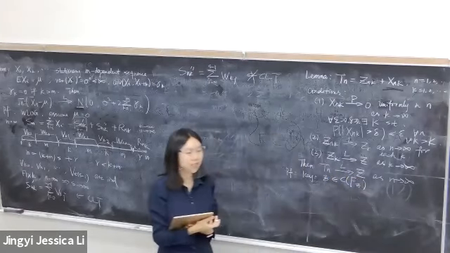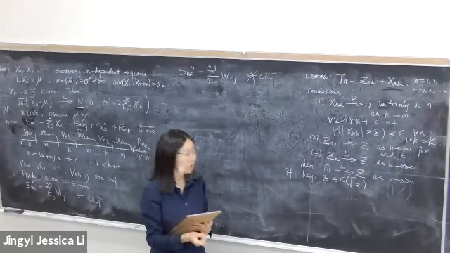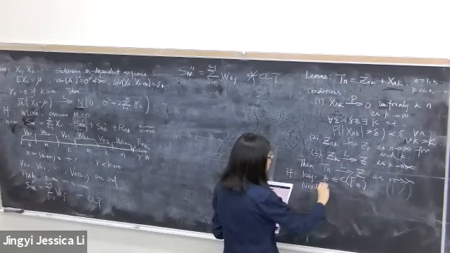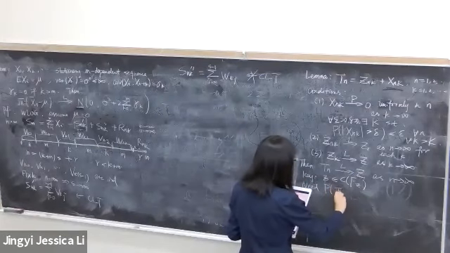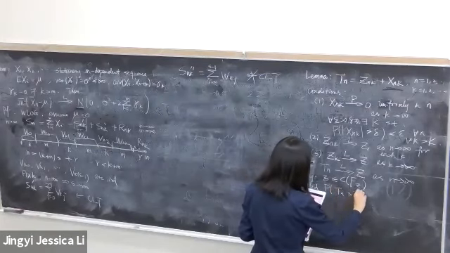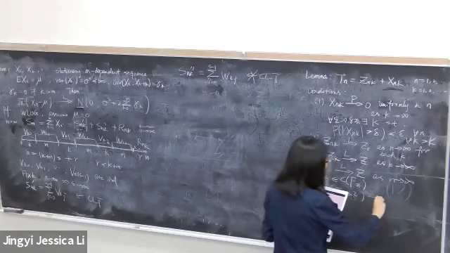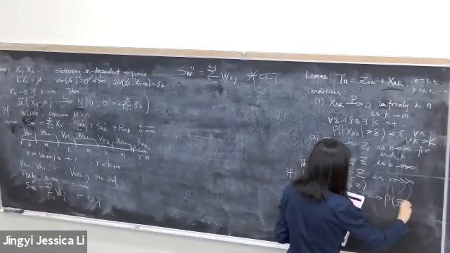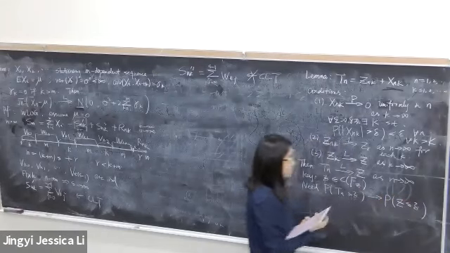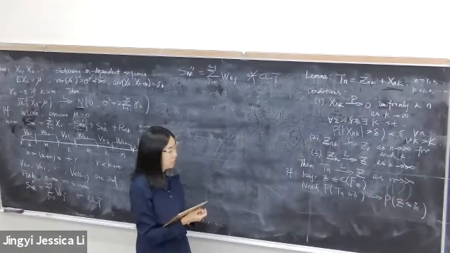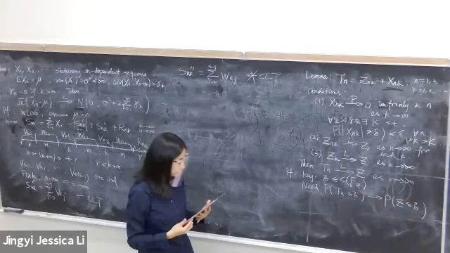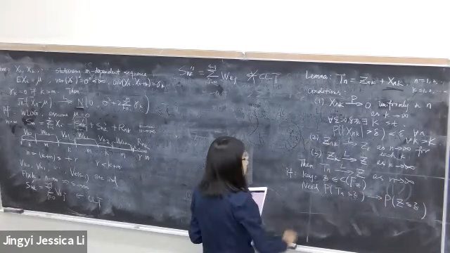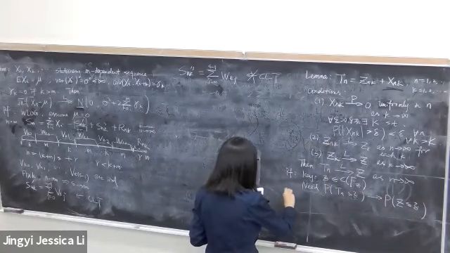For such a continuity point, we need the probability that T_n is less than or equal to z to converge to the probability that Z is less than or equal to z, by the definition of convergence in law. That's what we need. And then how do we express this probability on the left-hand side?